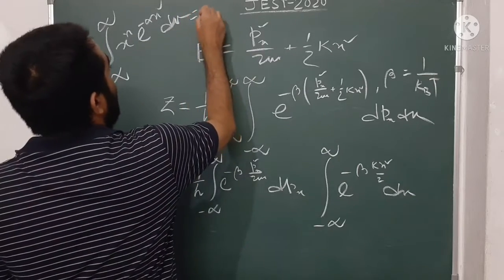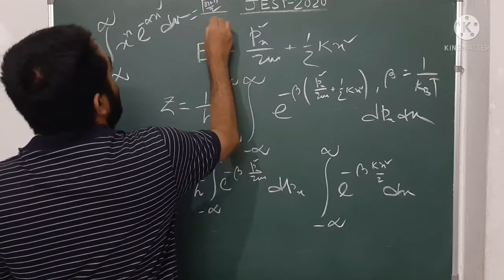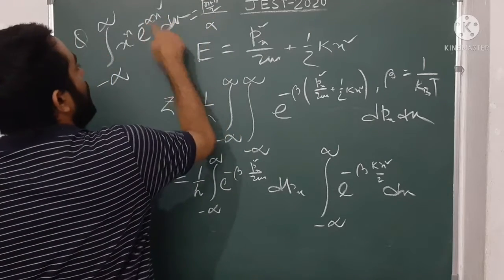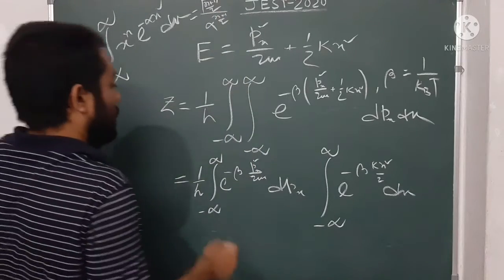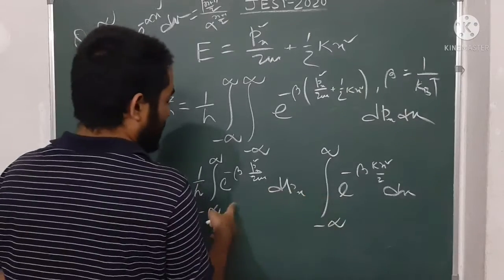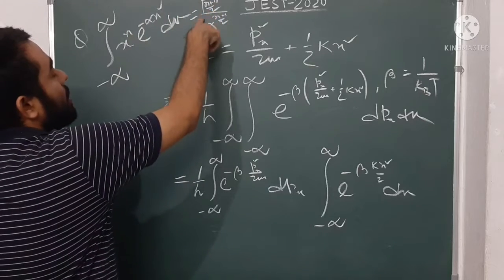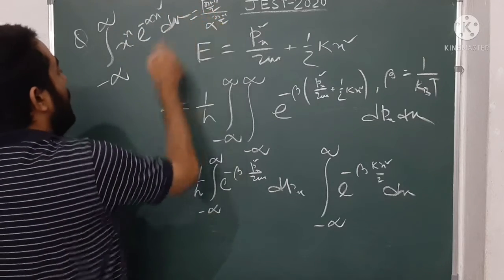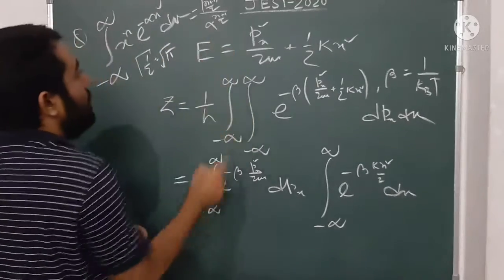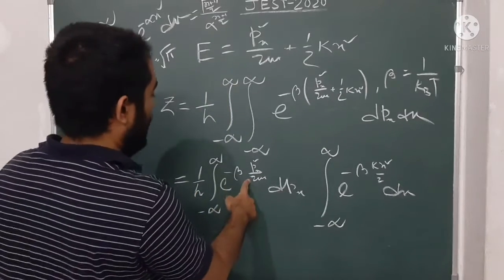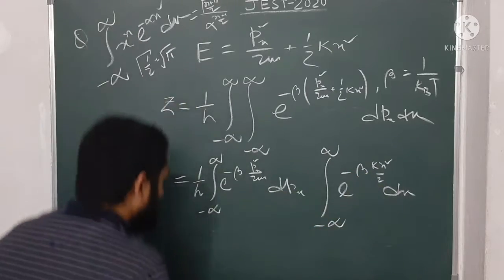The value of this is gamma of (n plus 1) by 2, divided by alpha to the power (n plus 1) by 2. In both cases there is no x, that means the value of n is 0, so here is gamma half, and the value of gamma half is root pi, and here alpha to the power half, that means root alpha. So here alpha is beta by 2m and here beta K by 2.